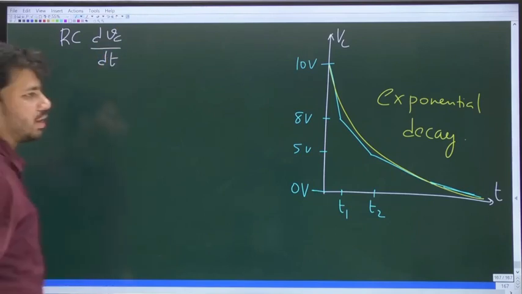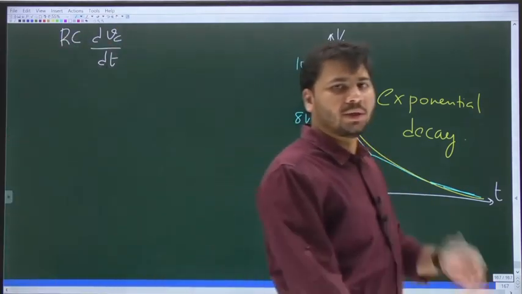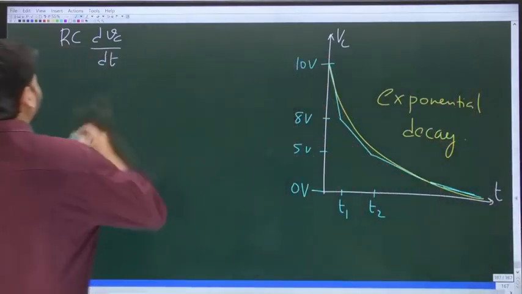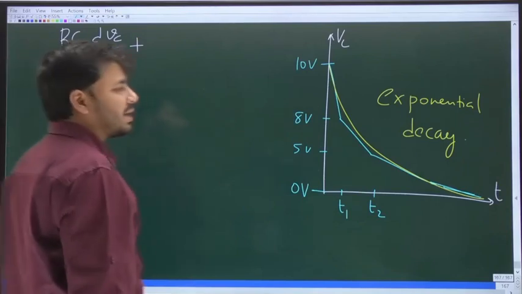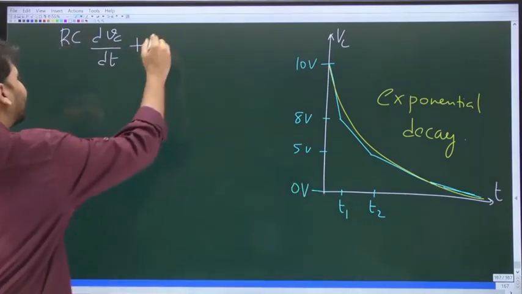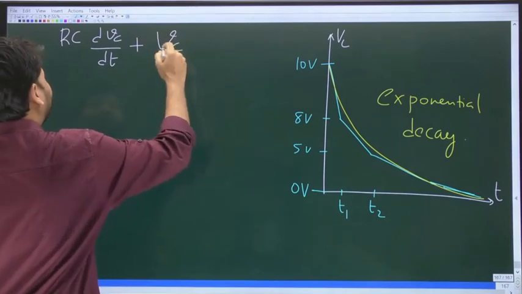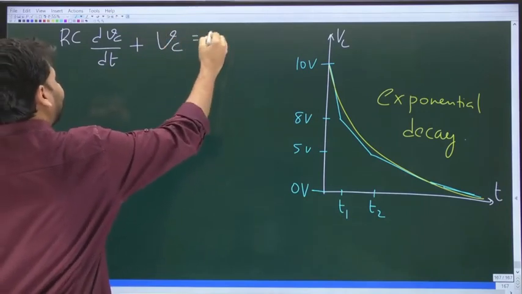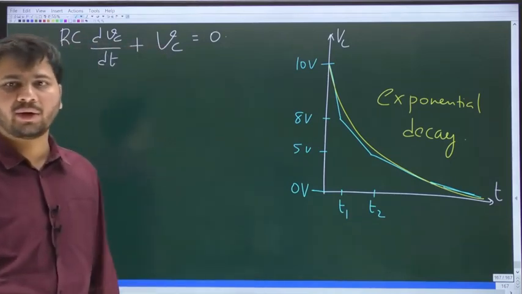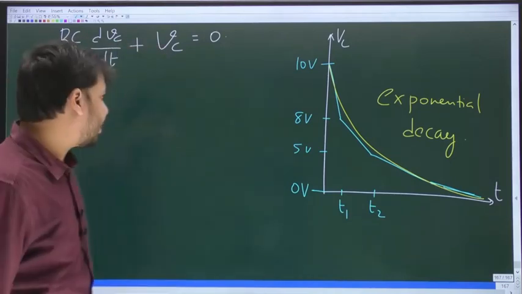So what is the differential equation for this source-free RC circuit? In general, it is RC dVc by dt plus Vc equal to Vs. But here it is simply RC dVc by dt plus Vc equal to 0.